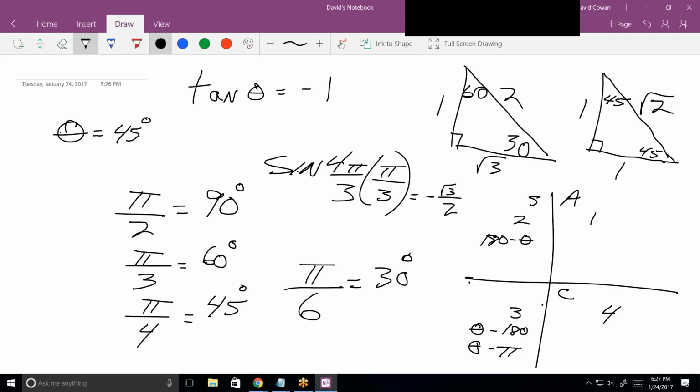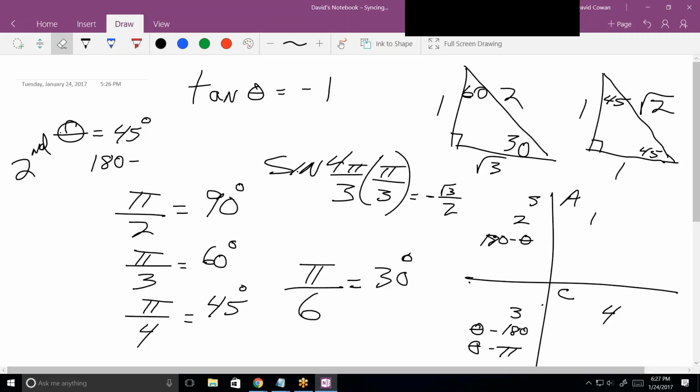So what's the second quadrant going to be? And you can do this straight algebraically. In other words, I got 180 minus the angle we're looking for, which I will call x, equals 45.